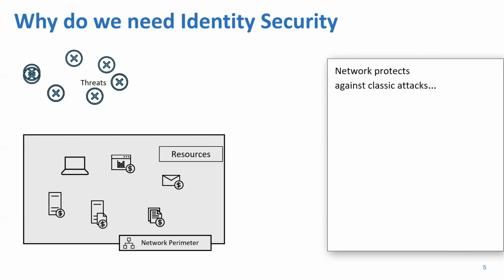We all know network security definitely provides protection against classic threats, DDoS protection, and unauthorized access. It acts as a barrier between, let's say, the internet and intranet. These still do protect against classic attacks, but nowadays the attacks are becoming more advanced.